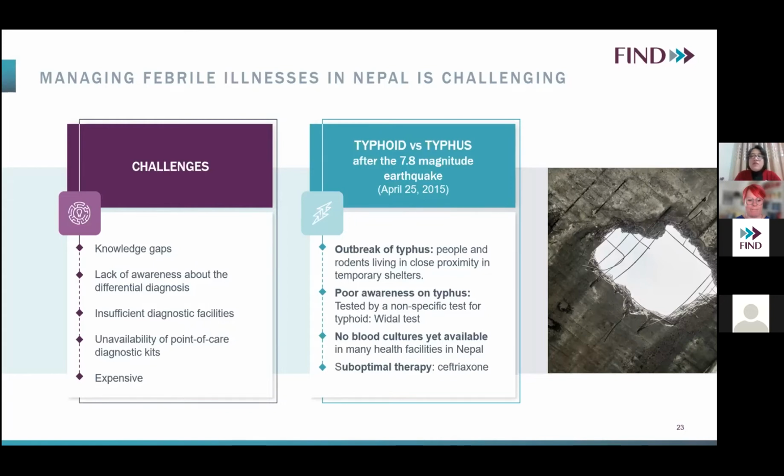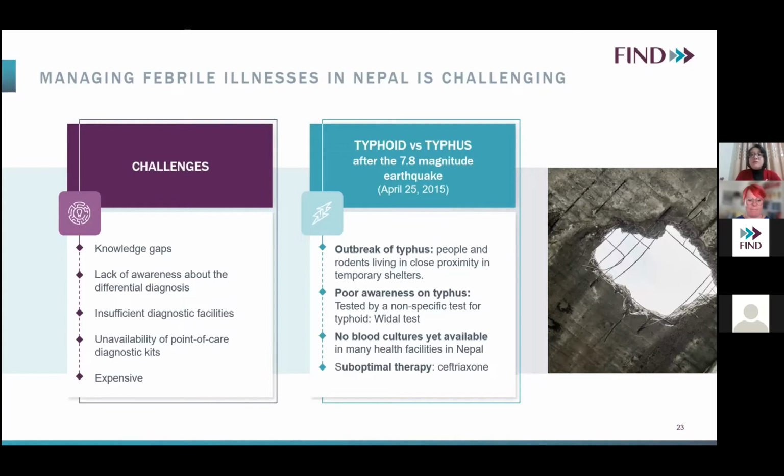So if I have to talk about the devastating earthquake that took place on April 25, 2015 in Nepal, what happened was that there was an outbreak of typhus at that time, maybe because of the poor awareness of this disease.